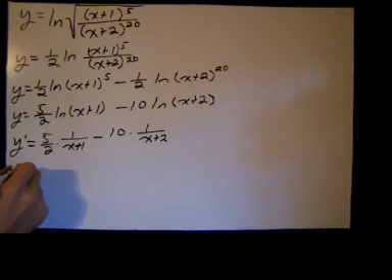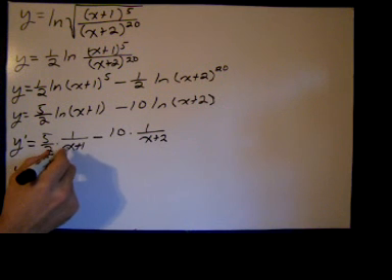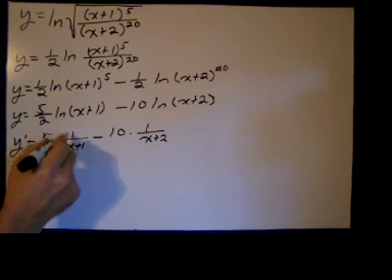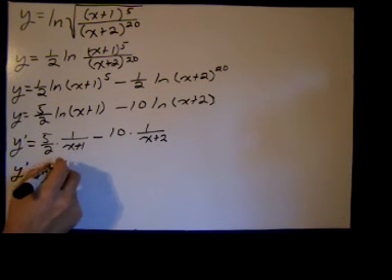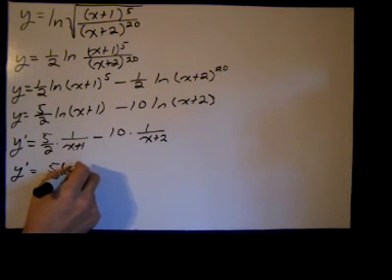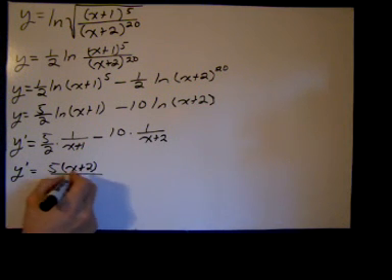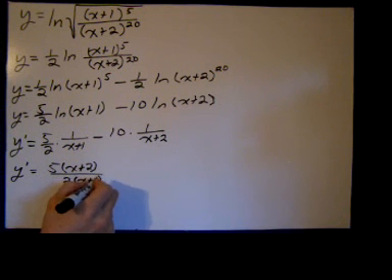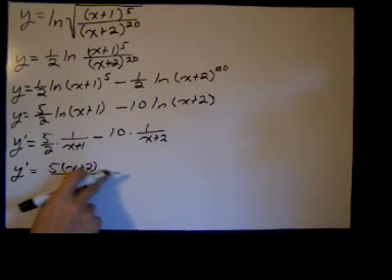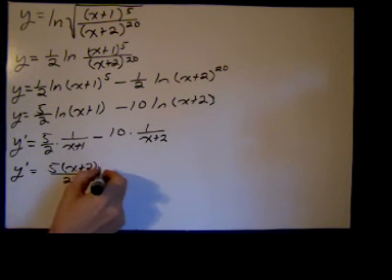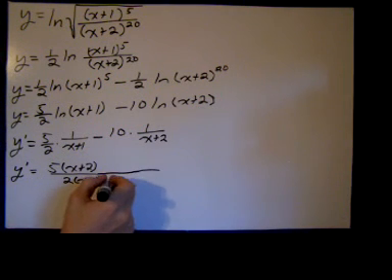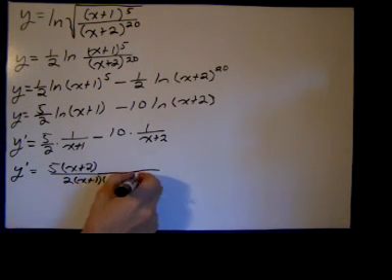So y prime equals, this side needs an x plus 2 in the numerator, so I have 5 times x plus 2 divided by 2 times x plus 1, and then the common denominator is of course 2 times x plus 1 times x plus 2.